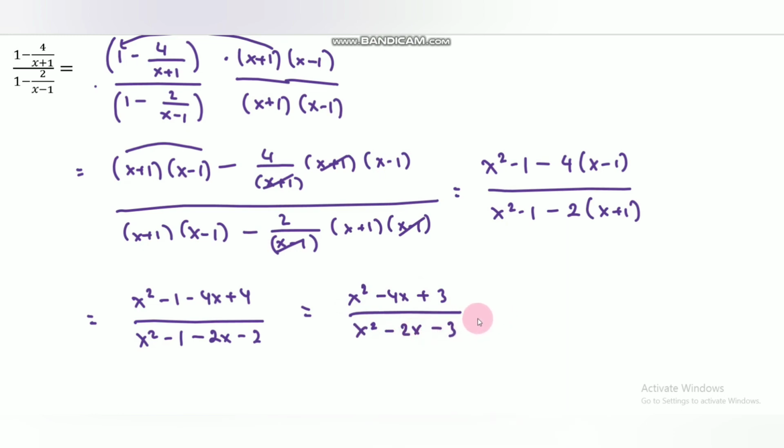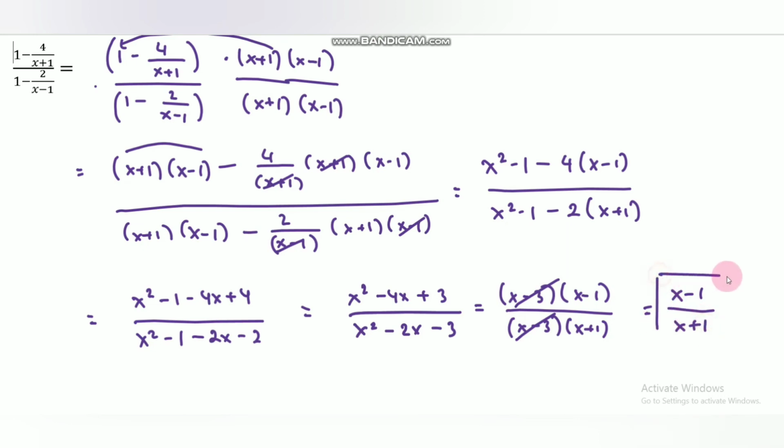So the question is, can we factor the numerator and denominator? Since we need to simplify, and yes, we can. So it is x minus 3, x minus 1 over x minus 3, x plus 1. Oh, we can cancel this one. So the last answer will be x minus 1 over x plus 1, since we cannot cancel x minus 1 with x plus 1. So that's how you do this kind of problem.